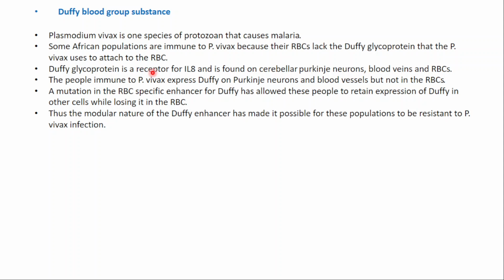So here is the reason that we found out and we have answered correctly. This is the best example of enhancer modularity, where the modularity of the enhancer in Duffy gene expression only modifies it in the RBCs, leading to immunity against P. vivax.